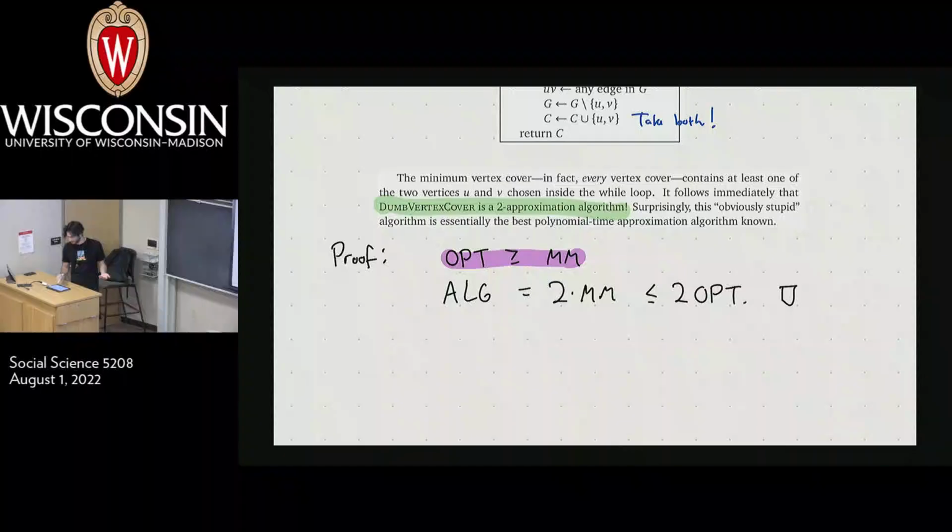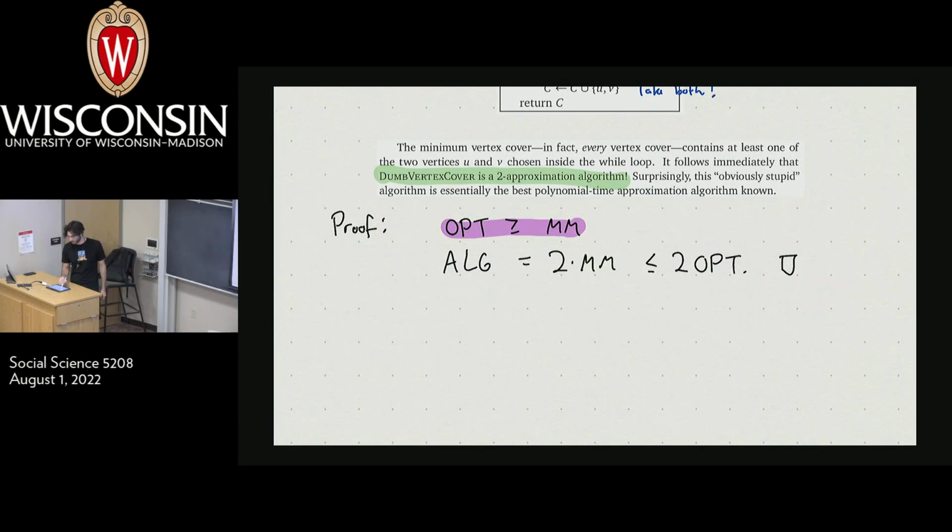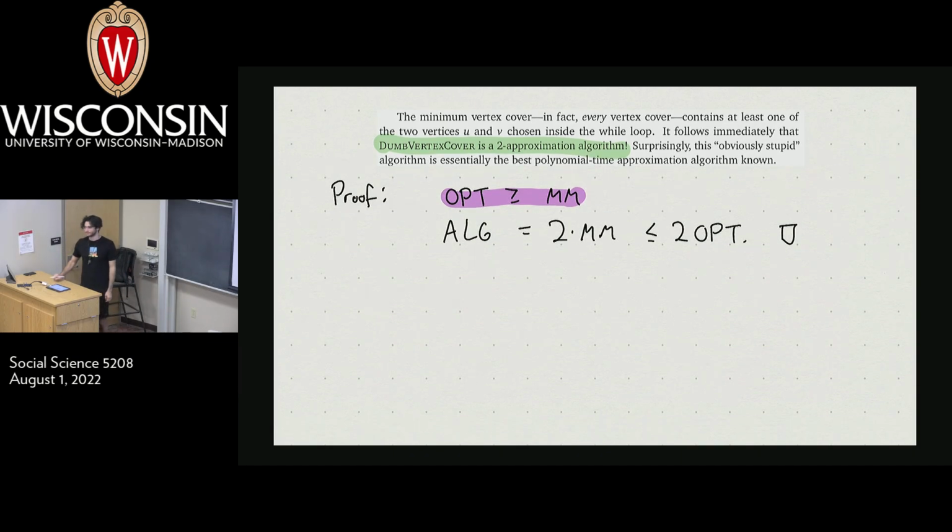So the size of our vertex cover is exactly equal to 2 times the size of the maximum matching. For each edge, we take 2 nodes. And then by weak duality, MM is at most opt. And so we get this relationship. Pretty crazy, right?